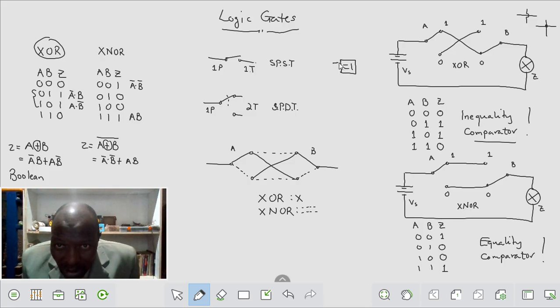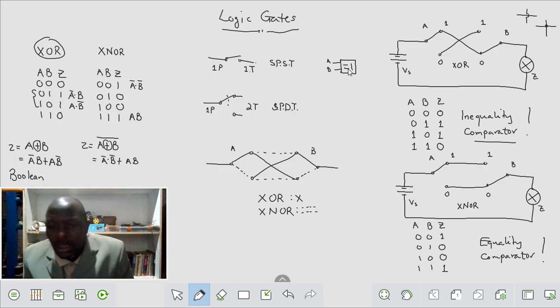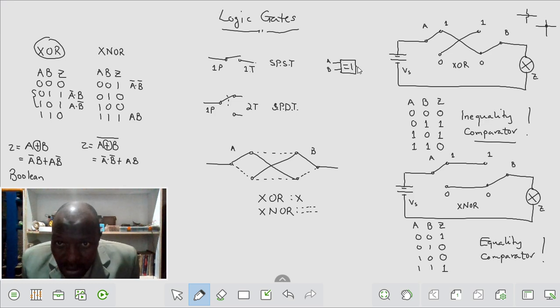Now we say only if the two inputs, only one. If I say you or you, I can say it 20 times, but only one as long as I say it all. So this here is our symbol for the inequality comparator.